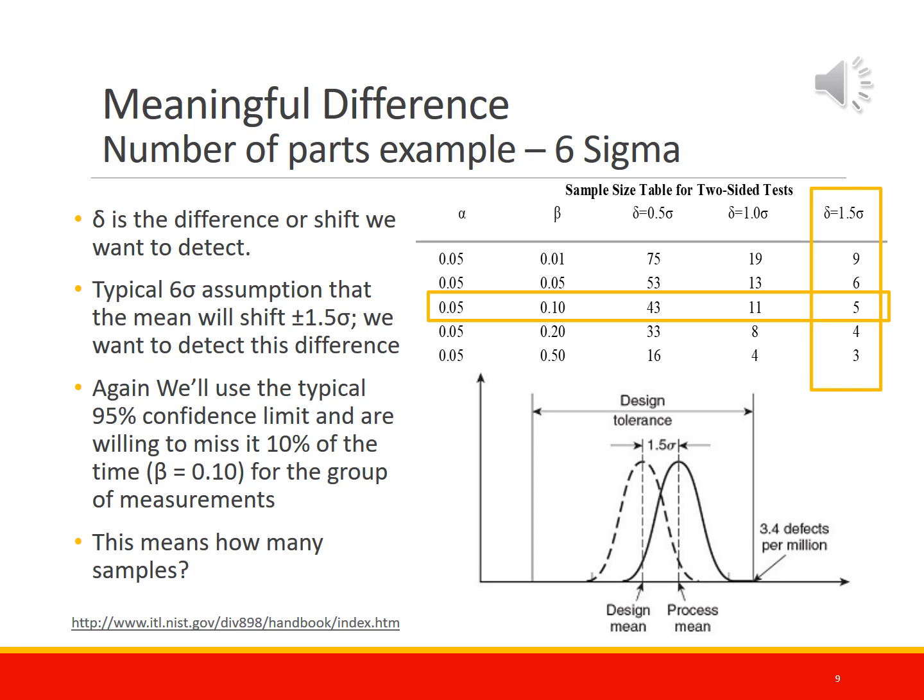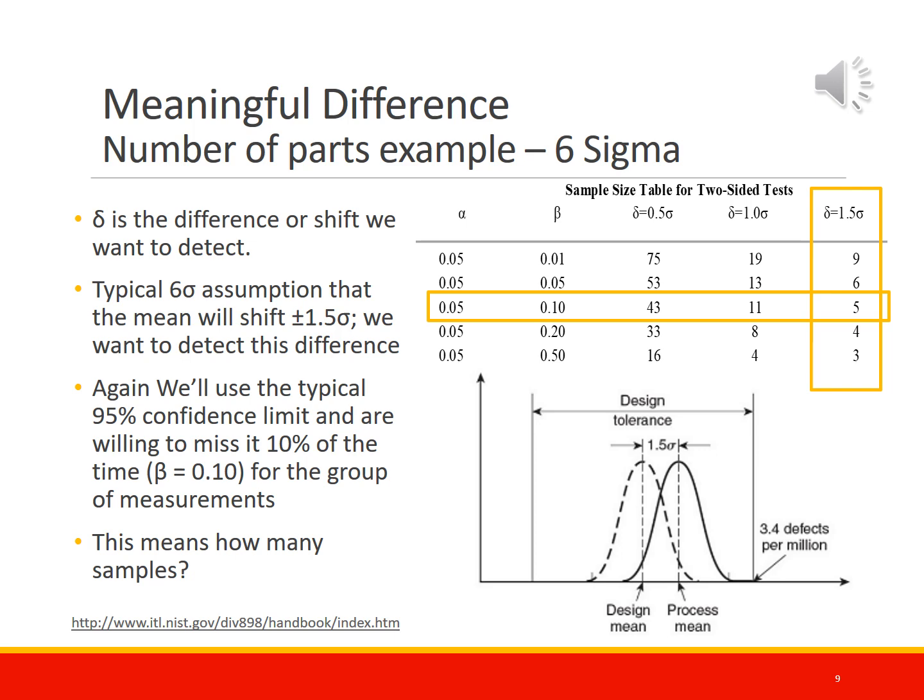More specifically, we want to be able to detect when the distribution has shifted more than 1.5 standard deviations from the goal distribution, because when it has, we're going to be worried about whether the process is running properly. So that puts us in the 1.5 sigma column.